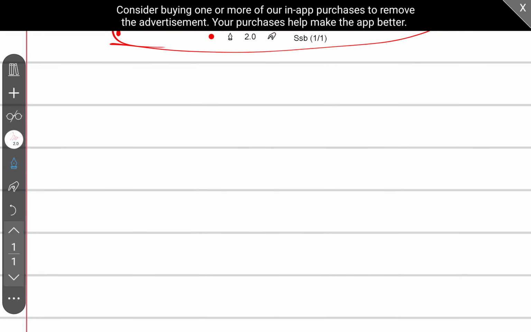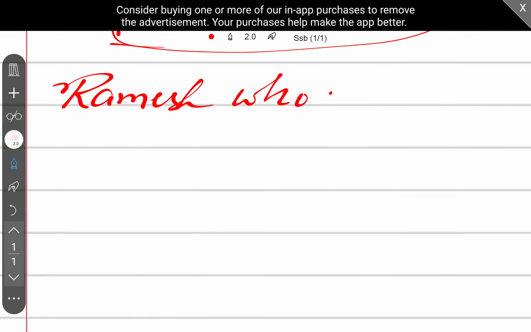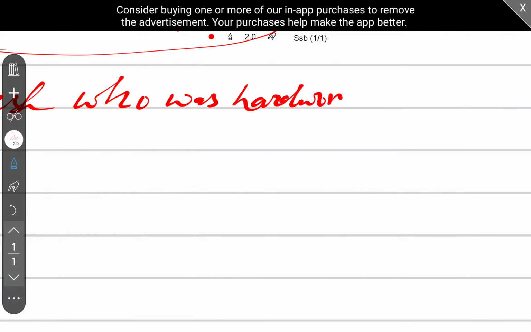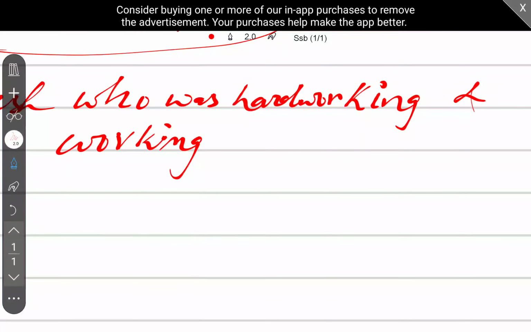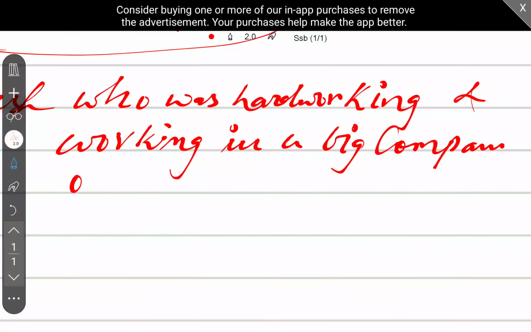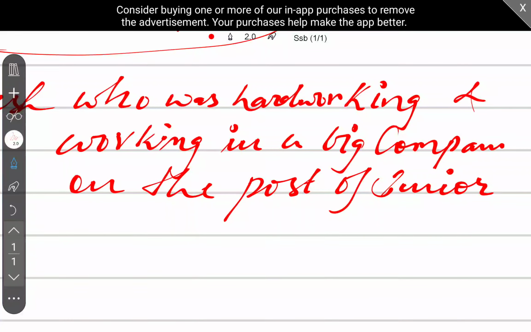You can take a name like Ramesh, who was hardworking, working in a big company on the post of senior manager.